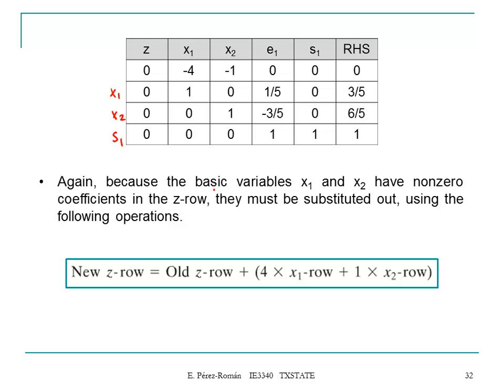And the reason why is because those are the ones that have the coefficient equal to 1 in one of the rows and 0 in the other ones. But as you can notice now, for the objective function row, we have the same problem that we found in phase 1, which is you have some basic variables that are part of your basic solution, but they still have some coefficients that are not 0 in row 0. So what do we do?